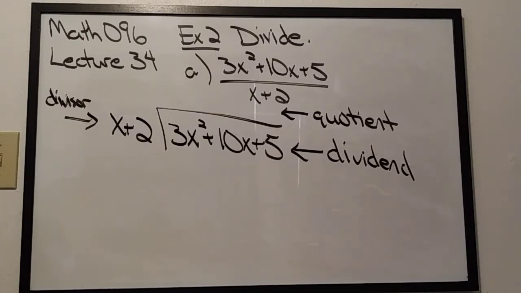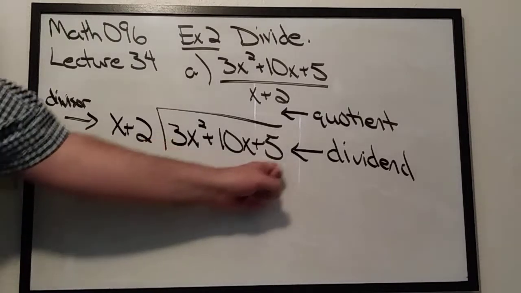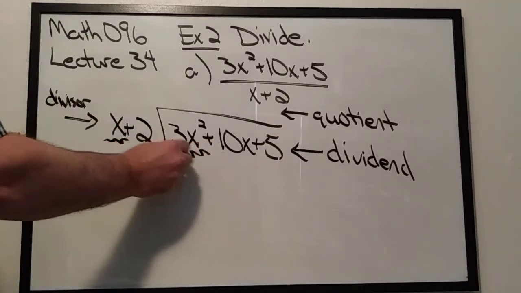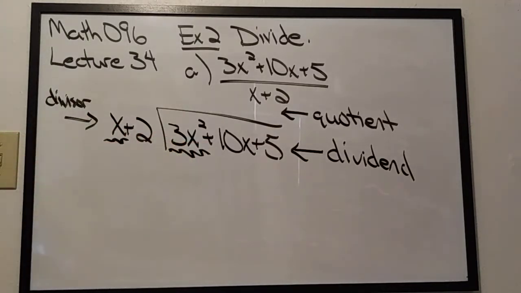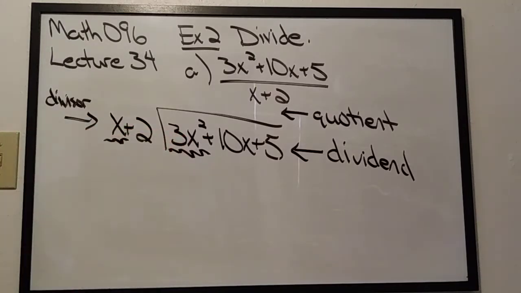Now, in order to answer that first question, though, I really do focus my attention a little bit more. So instead of asking how many times does x plus 2 go into this entire polynomial, I actually just focus in on the first term of the divisor and the first term of the dividend. And my question becomes, how many times does x go into 3x squared?